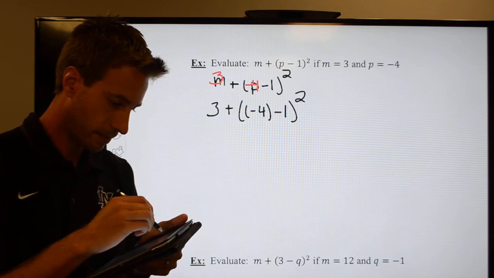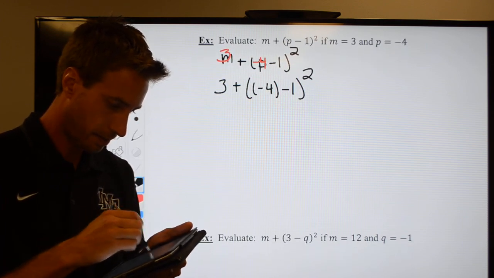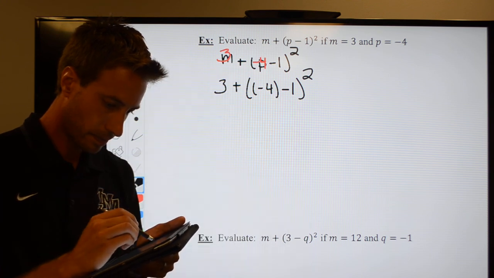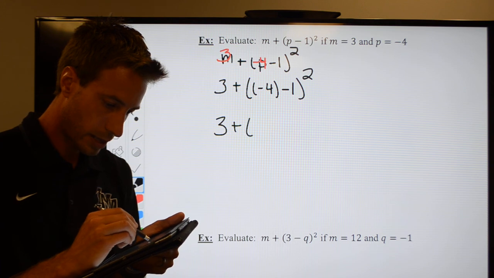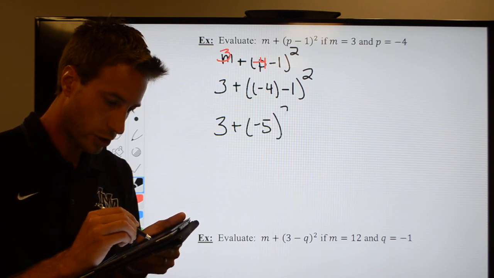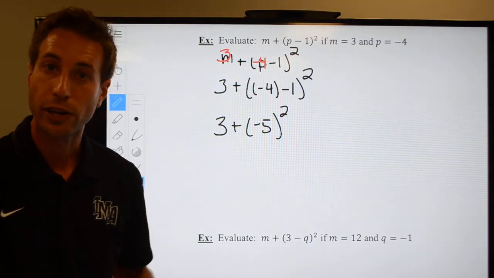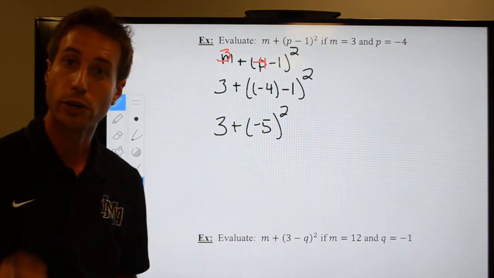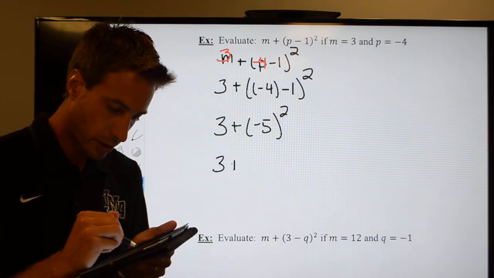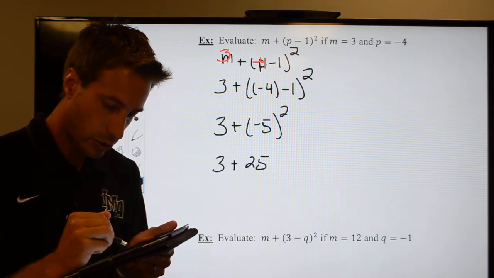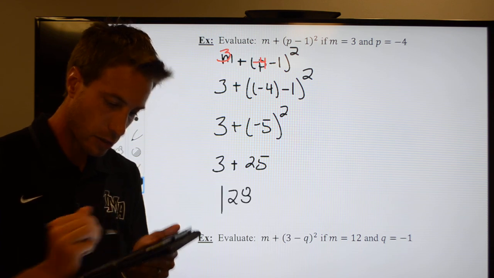So 3 plus a negative 5, which is squared. Feel free to use a calculator if you need one, but negative 5 squared should be a positive 25. So 3 plus 25, and 25 plus 3 should get us 28.